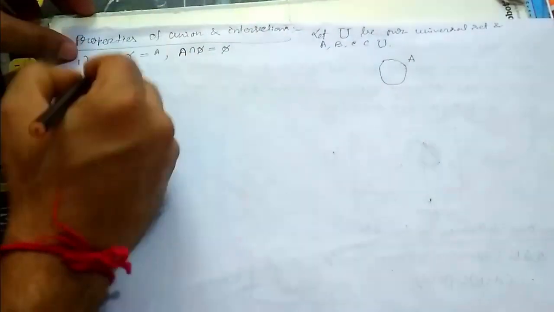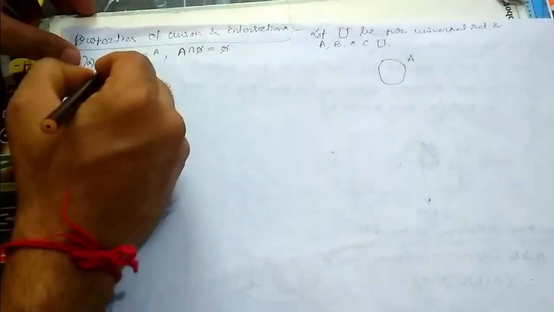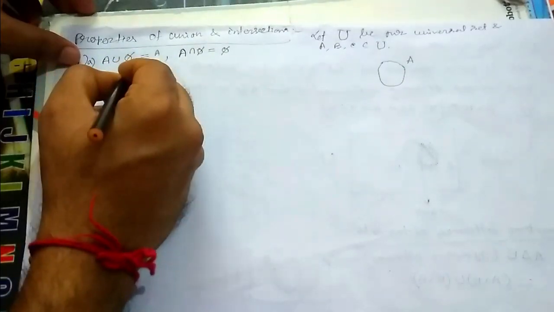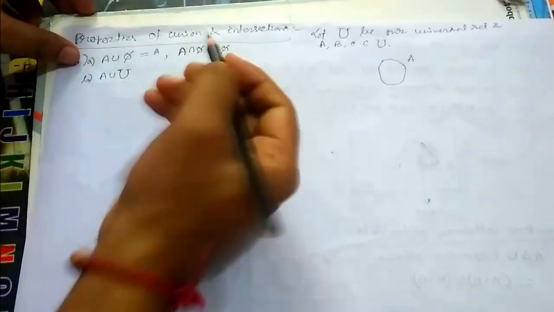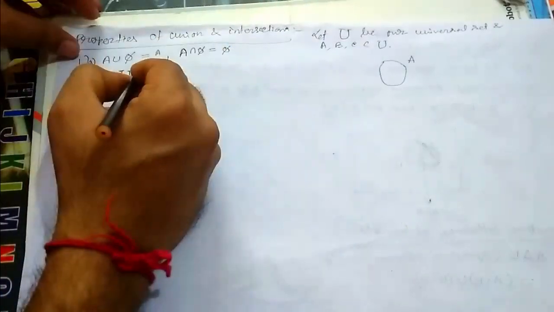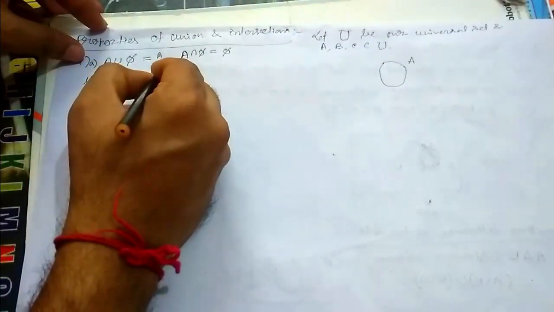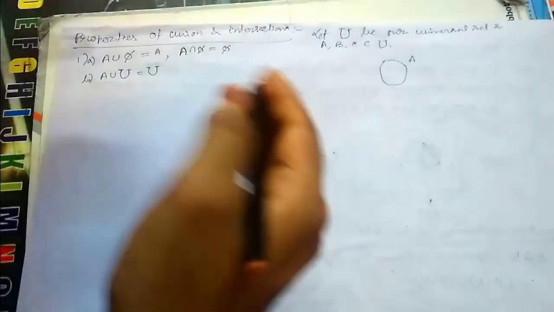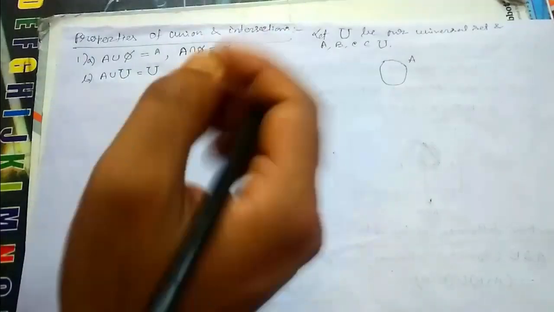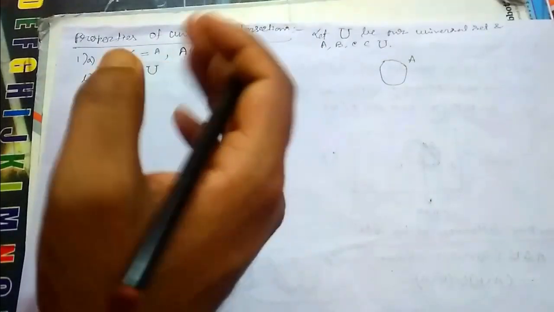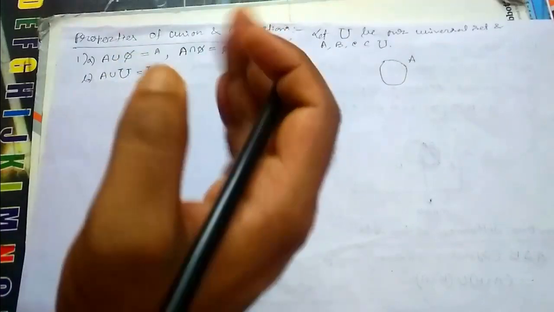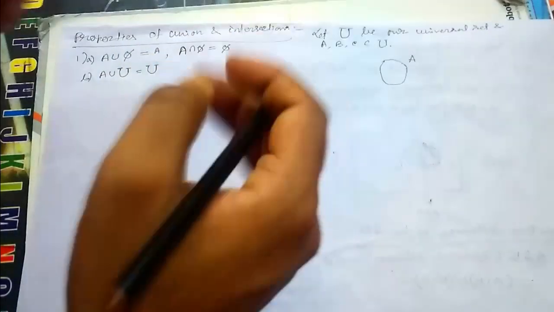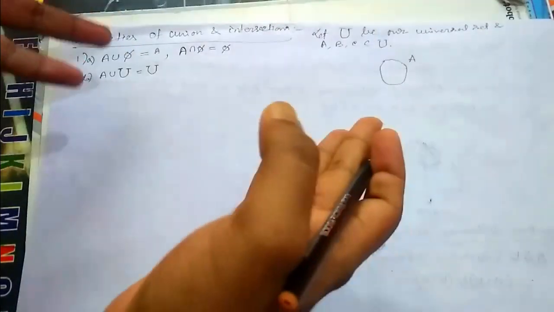Now if we take union between A and the universal set U. This is the union sign and this is the universal set. So this will give U because see, the A set is your room in your house and U set is your house. If you take union of your room and your house, then you will get the house.